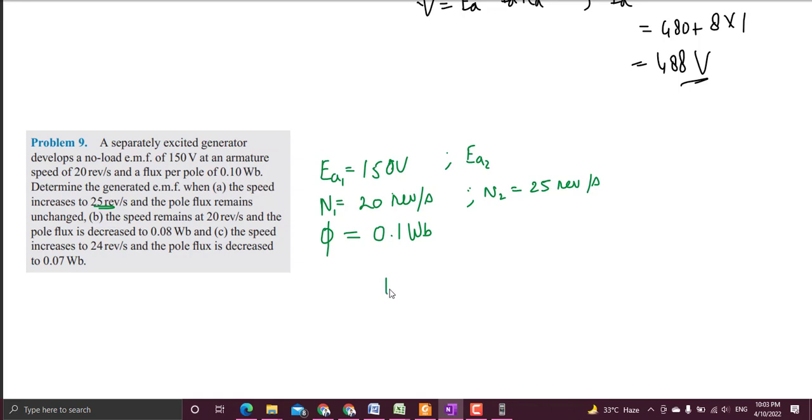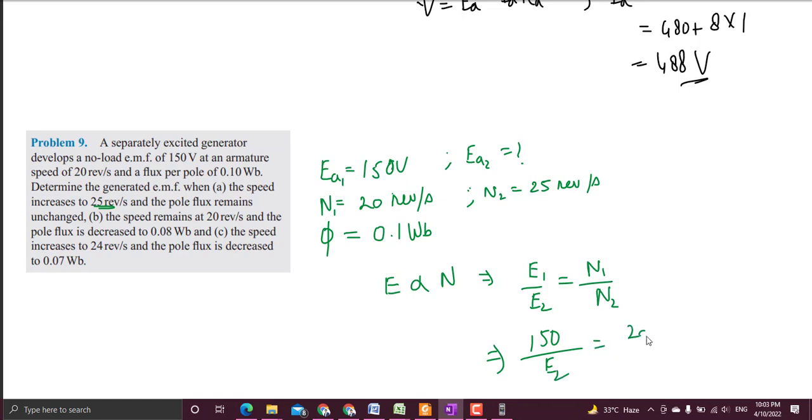So since phi is constant, I can write E is directly proportional to phi into N. So phi is also constant, so it is directly proportional to N. So I can write E1 upon E2 is equal to N1 upon N2, or I can write E1 is 150, E2 I need to find, and N1 is 20 and N2 is 25.